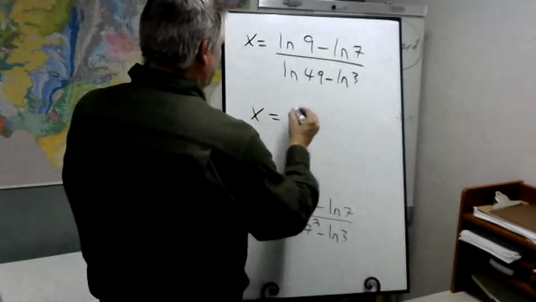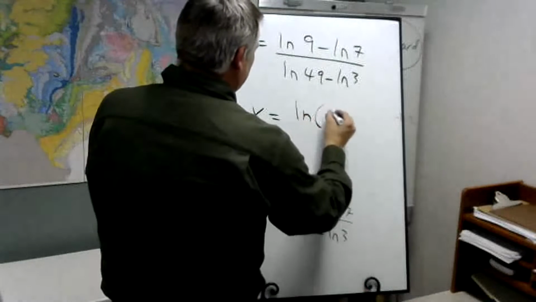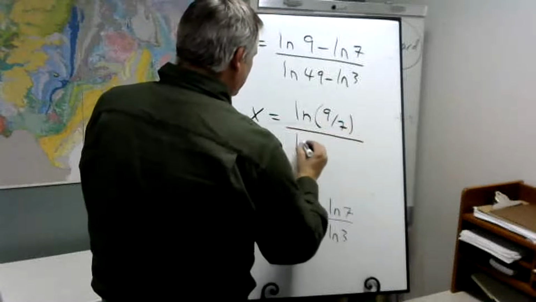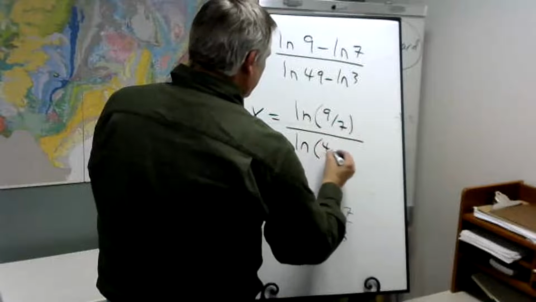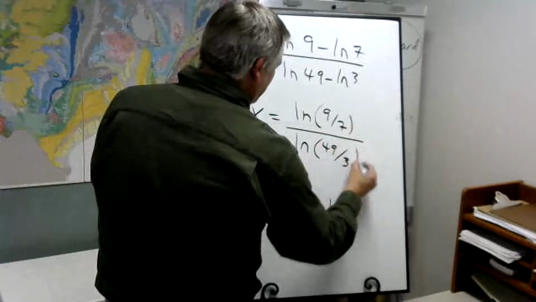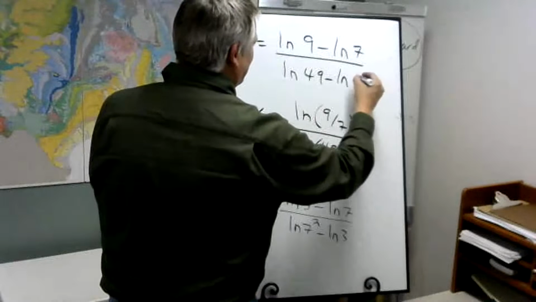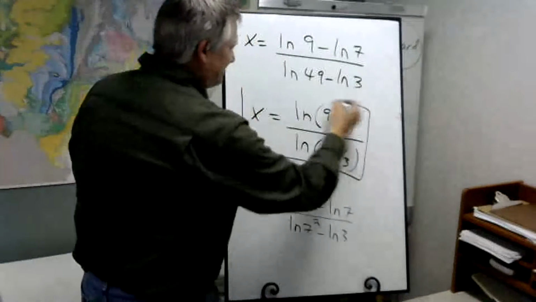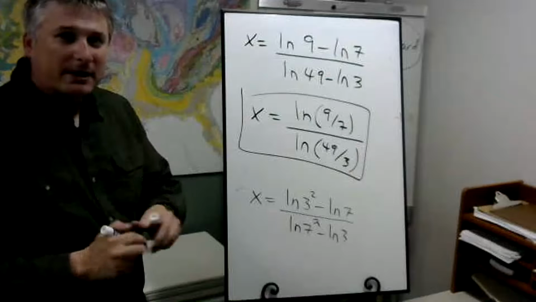So this means x is natural log 9/7 over natural log 49/3. That's a 3 there. And that's an even, maybe a better answer, more compact.